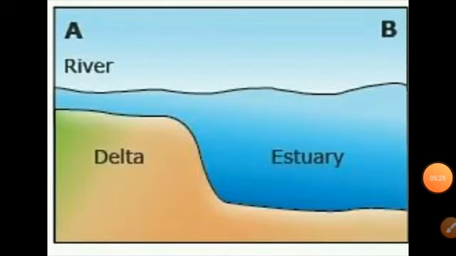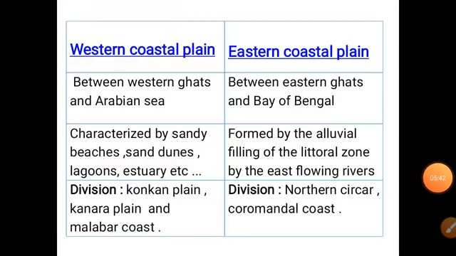See this picture. This is an estuary, which means the mouth of a river where it enters the sea through a single channel. Next, the eastern coastal plain is formed by the alluvial fillings of the littoral zone by the east flowing rivers of India.